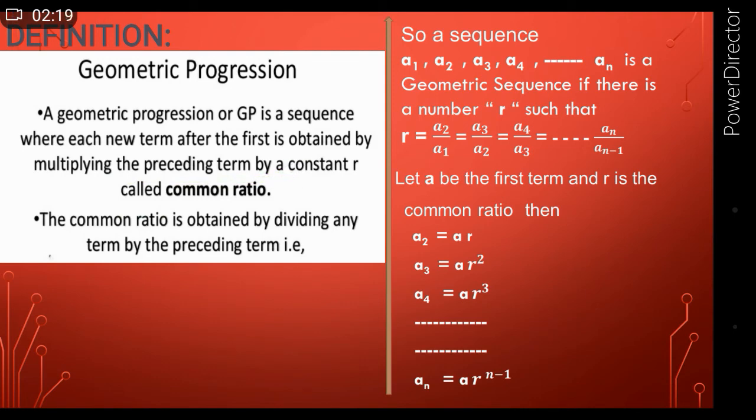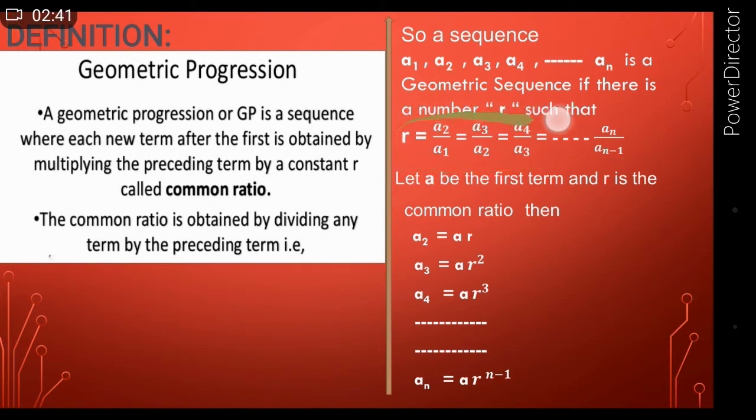And how can we get common ratio? The common ratio is obtained by dividing any term by the preceding term, and this is the formula for finding r. r means common ratio.